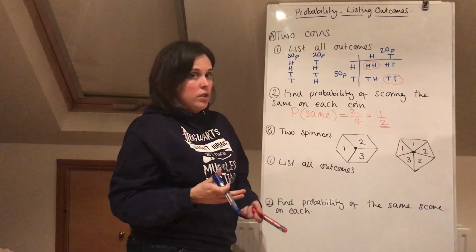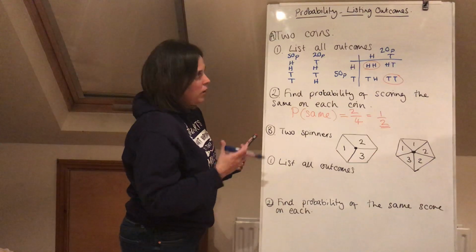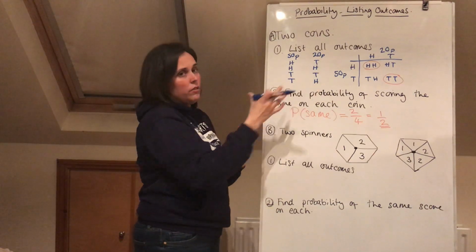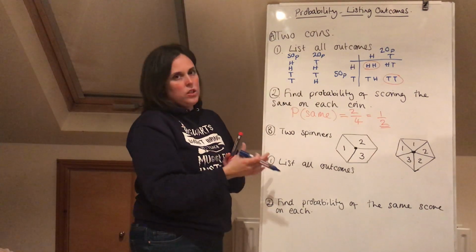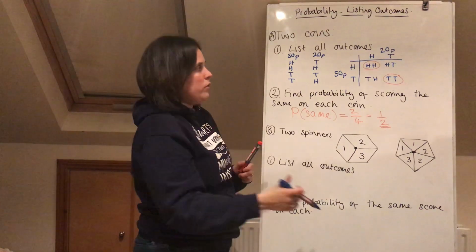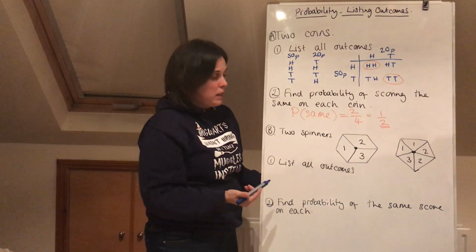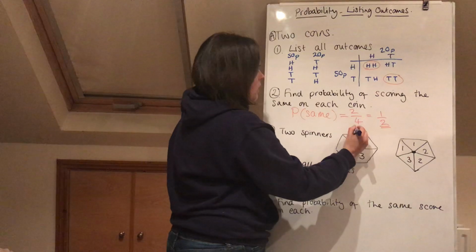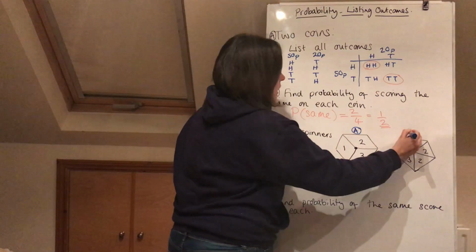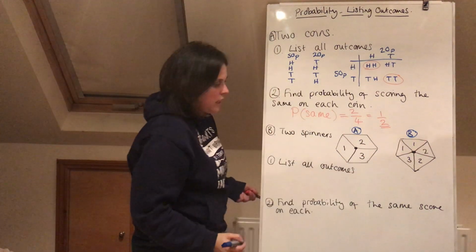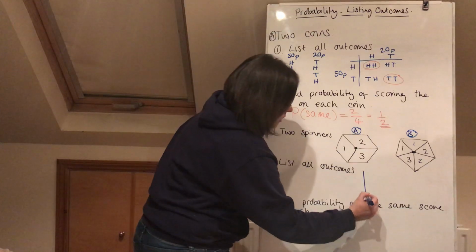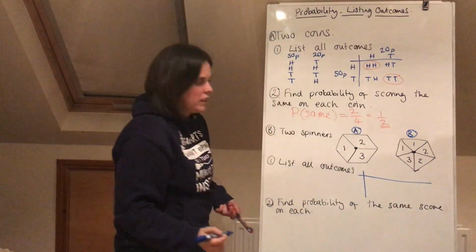So the first thing we've got to do is list all the outcomes. Now, I would suggest that this kind of way of doing it for this question would be a bit more difficult, and actually this is where the possibility space becomes a lot easier. So I'm going to call my 2 spinners A and B just to make it easier, and I'm going to do it like this.